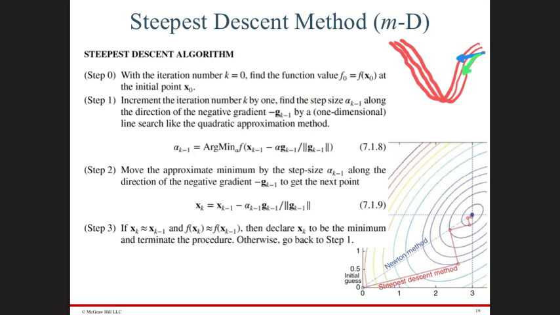Imagine that this is a surface going down. If you go this way, you are going the fastest way to the minimum value. If you go this way, you are approaching down very slowly, right? So that's called the steepest descent. And the idea is very simple.